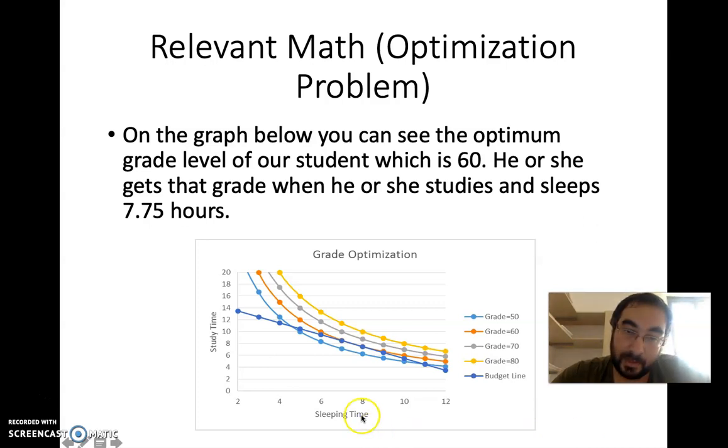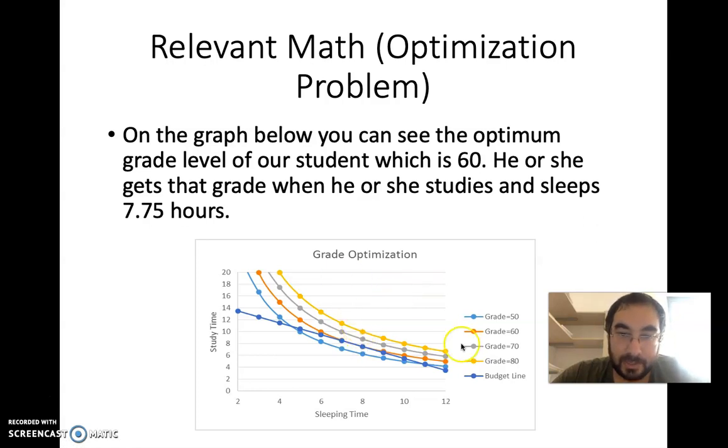So the highest potential grade is reached by allocating the time of our student according to the allocation represented by the point at which the budget line is tangent to the indifference curve representing grade 60.